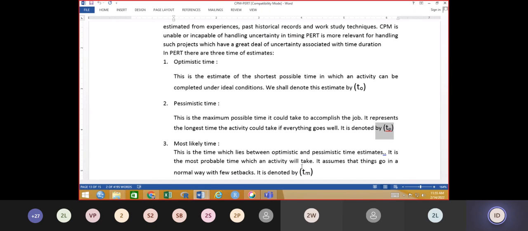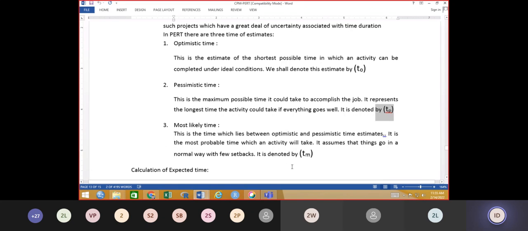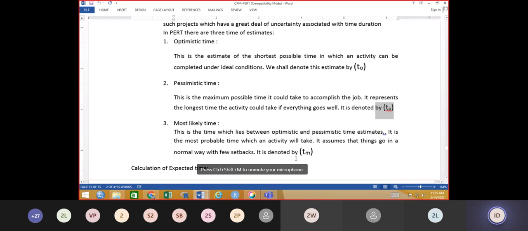It is the time between the highest and the lowest. It assumes that things go in a normal way with a few setbacks. Very few setbacks are considered here, otherwise everything goes well in the project. And it is denoted by TM, the most likely time.